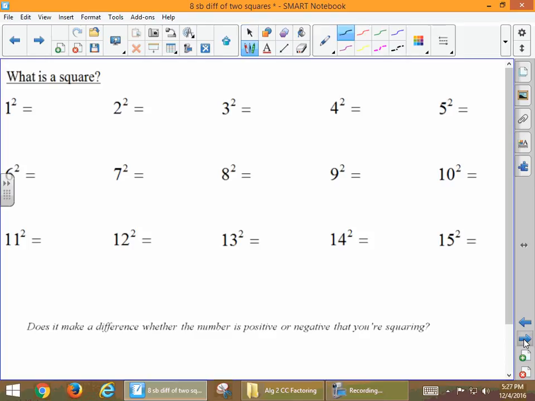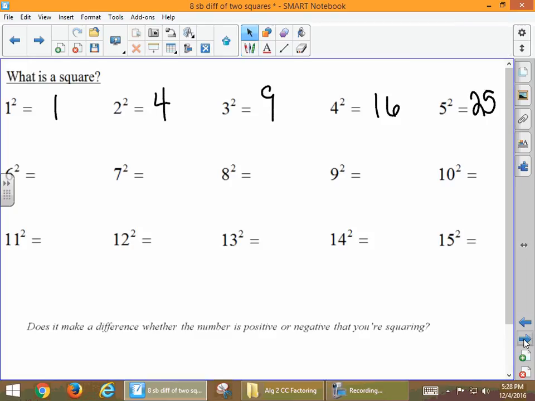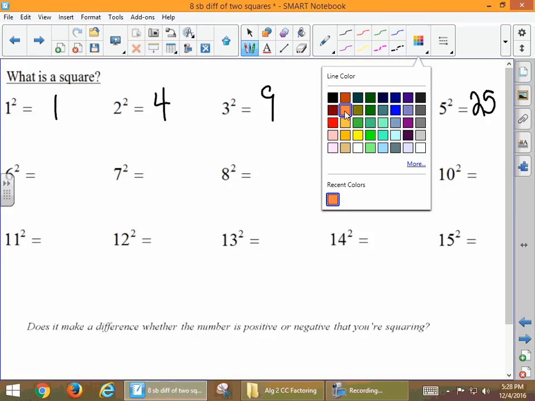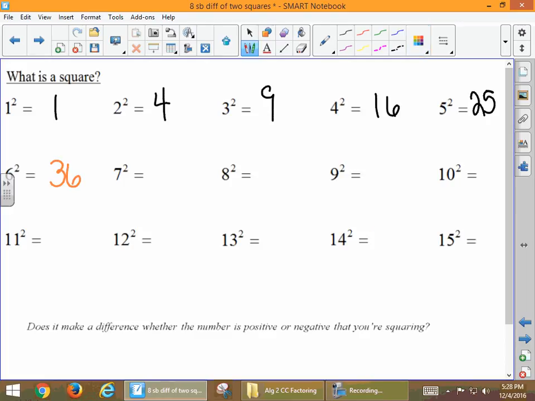So 1 squared is 1 times 1, which is 1. 2 squared is 2 times 2, which is 4. 3 squared is 9. 4 squared is 16. 5 squared is 25. 6 squared is 36. 7 squared is 49. 8 squared is 64. 9 squared is 81. 10 squared is 100.